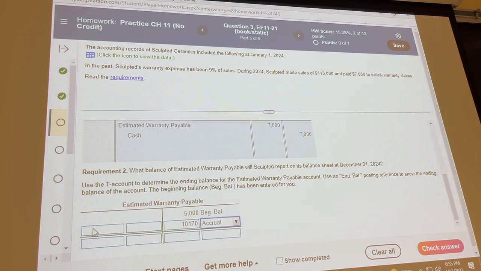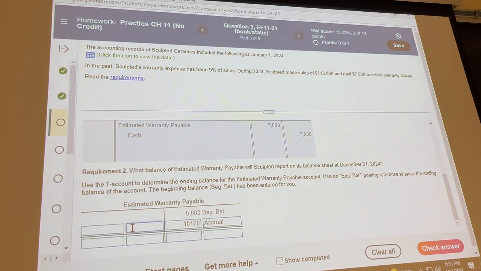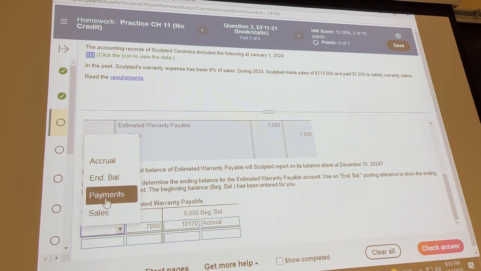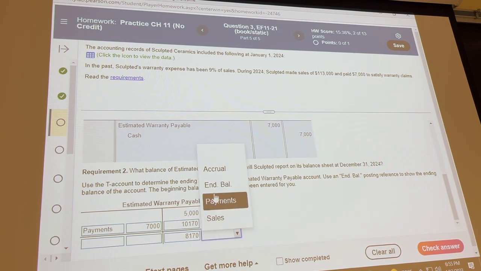And then in the second journal entry, we had a debit of $7,000, and we would call that payments. And so then to balance the T account, it would have a credit balance of $8,170, and we would call that the ending balance.